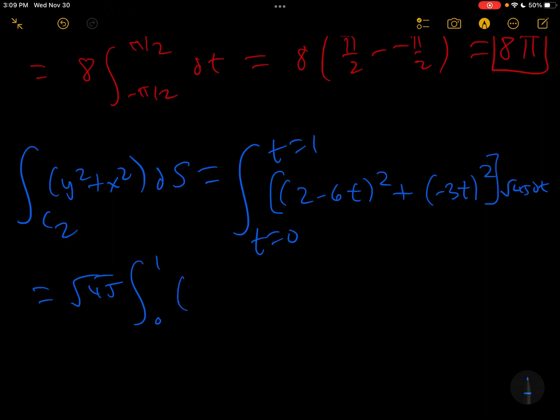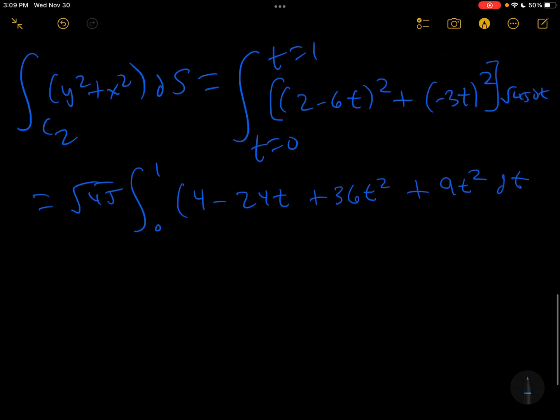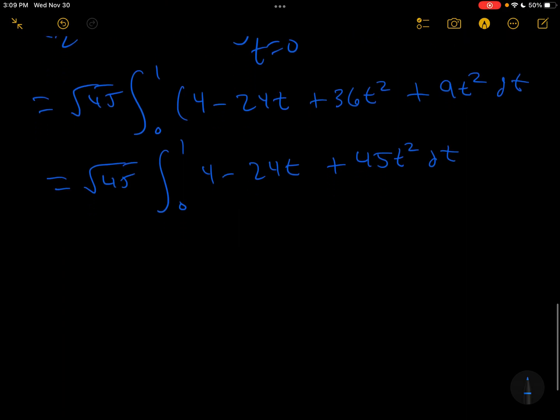What's that? 4 minus 24t plus 36t squared, plus 9t squared dt. So 4 minus 24t plus 45t squared dt.